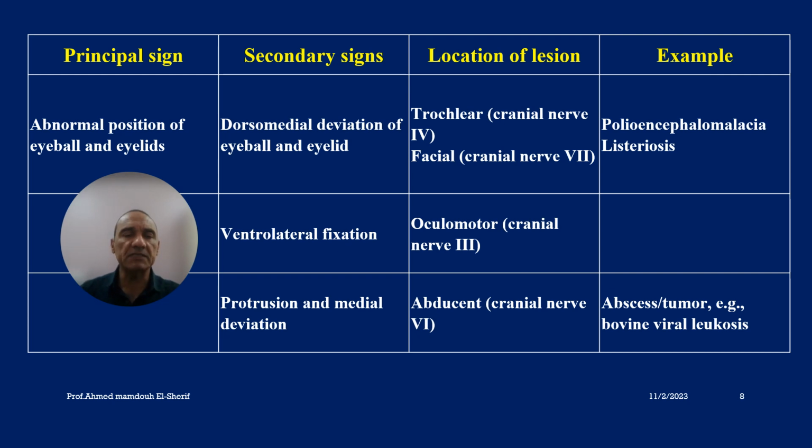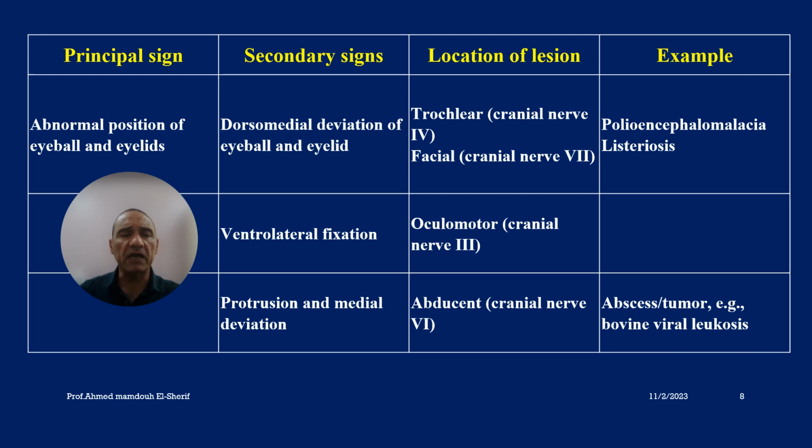With the same principal sign, abnormal position of the eyeball and eyelid, and secondary signs of ventrolateral fixation, the location of the lesion will be the oculomotor nerve, cranial nerve number 3. The examples are the same, polioencephalomalacia or listeriosis.